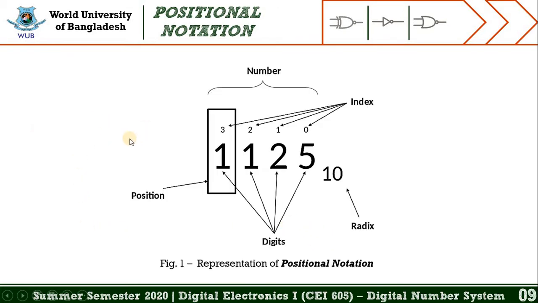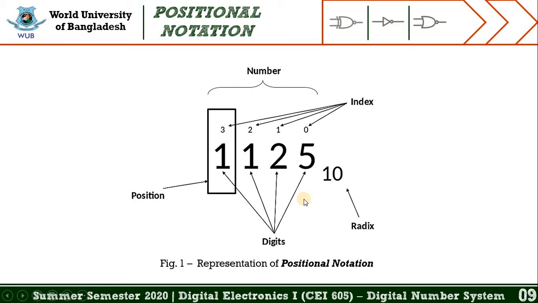This slide represents a visual representation of positional notation. Sorry, I made a mistake, it is not a graphical representation. Here there is a decimal number represented in the figure, which is 1125, and after this number you can see another base suffix, which is 10, and which represents the base of the decimal.